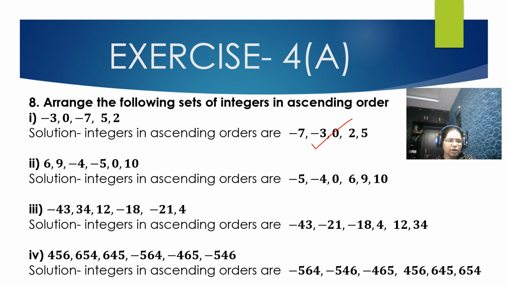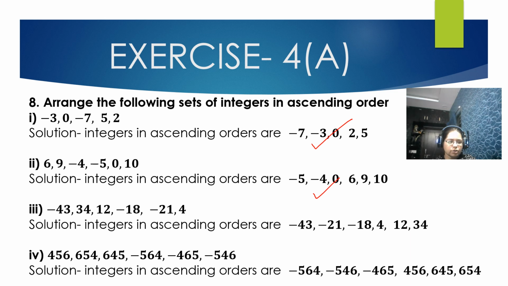Second part, 6, 9, -4, -5, 0, 10. Integers in ascending order are -5, then -4, then 0, then 6, then 9, then 10. Negative integers are always less than the positive integers.